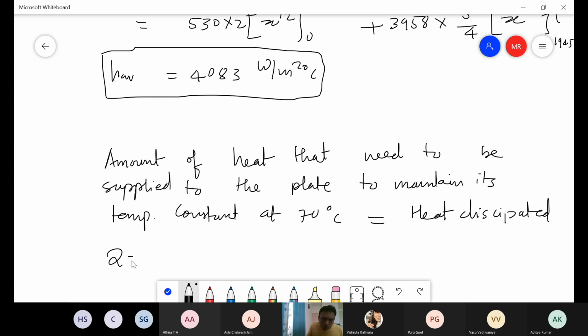So Q can be obtained directly as H A delta T. For H, we have already obtained the average value of the heat transfer coefficient, H average.